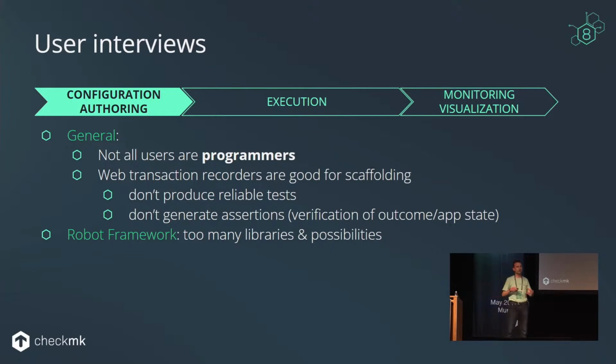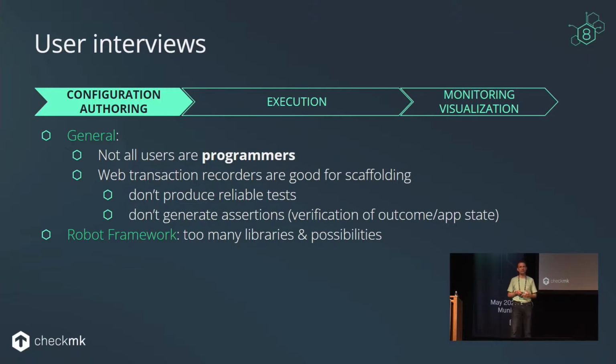These are tools which simply record the single clicks you are doing on a web application and record the XPath or CSS selectors to identify the elements you have clicked. It's good for quick scaffolding, but the selectors you get from these tools are not robust enough and precise enough against later changes on the page.